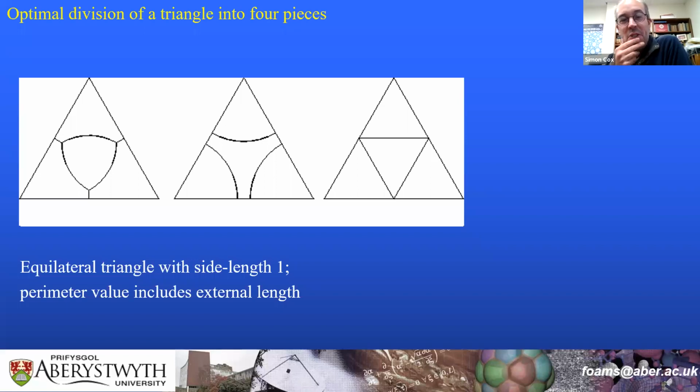Same question for a triangle. I set this as a student project, which was a chance to show my ignorance. Of all these 3 ways of cutting up a triangle into 4 pieces with the same area, which of them has the least perimeter?